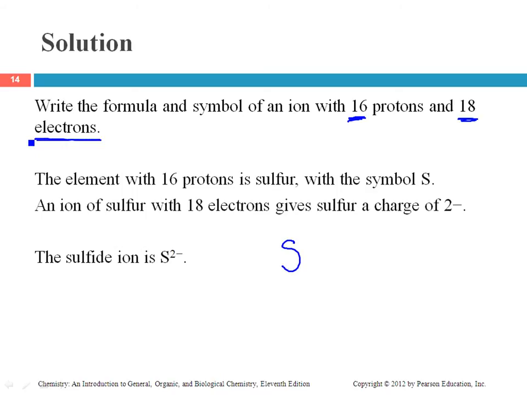But now we have 18 electrons, so this means that we have gained 2 electrons. So we have to show this. The sulfide ion has a 2 minus charge because it's gained 2 electrons. So this represents 16 protons, because that's the identity of sulfur, and 18 electrons because we have 2 extra electrons.